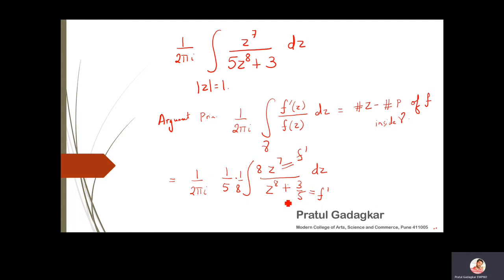So we are going to look at z raised to 8 plus 3 by 5 inside this unit circle mod z equal to 1. If you look at z raised to 8 plus 3 by 5 equal to 0, you have to find the 8 roots of this particular polynomial and you have to check where the roots are. Now these 8 roots I'm going to show you geometrically.